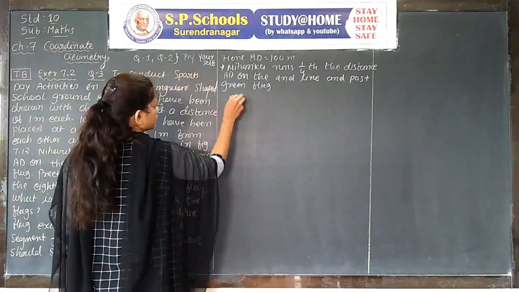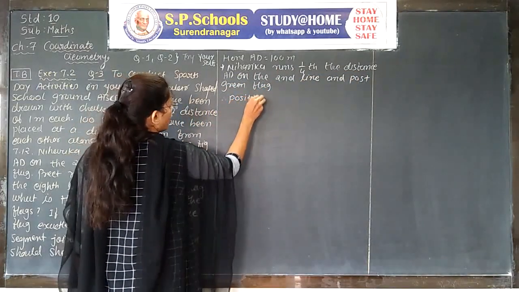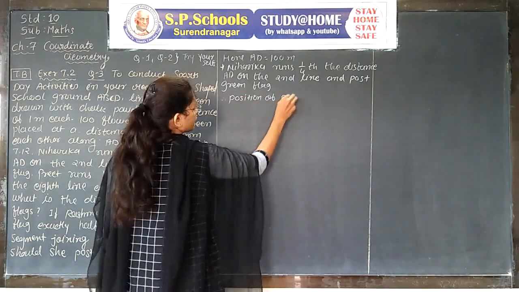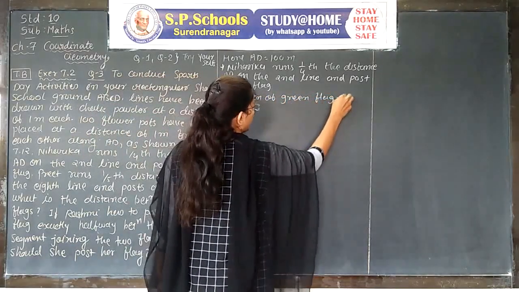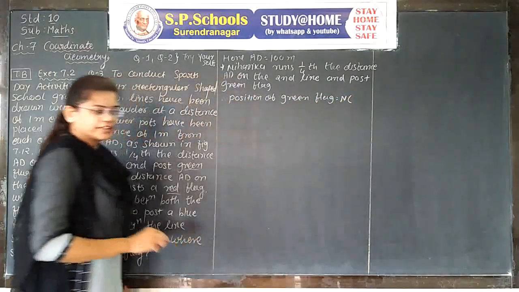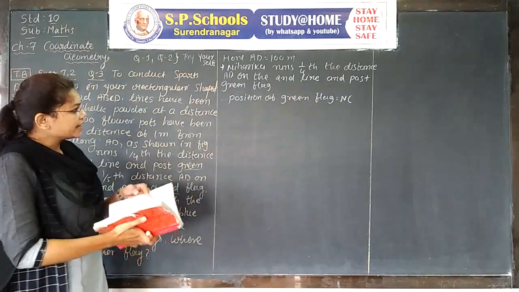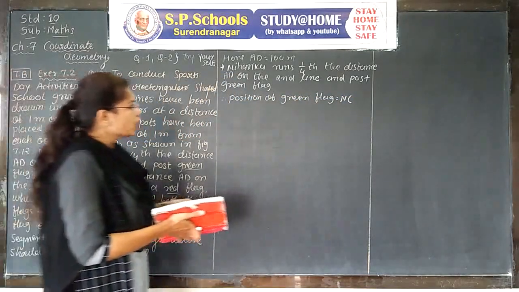That's why the position of the green flag posted by Niharika, the name of the point is N. Niharika runs 1/4 distance on AD.